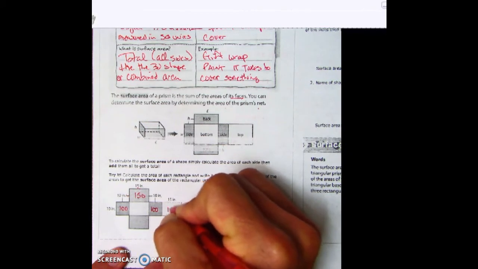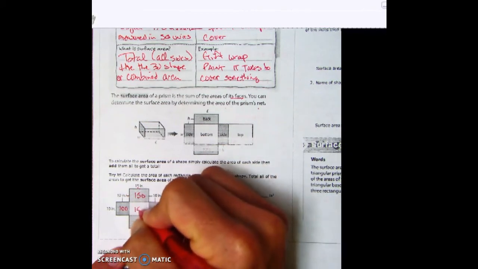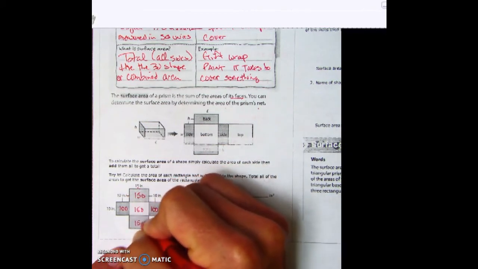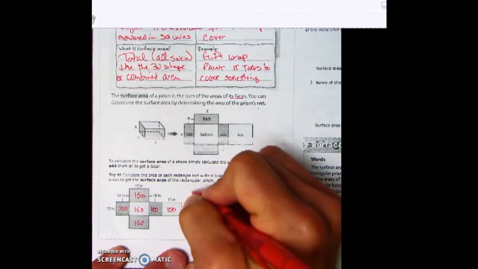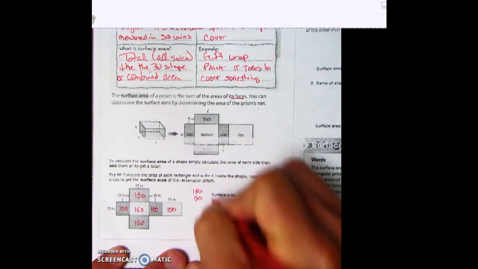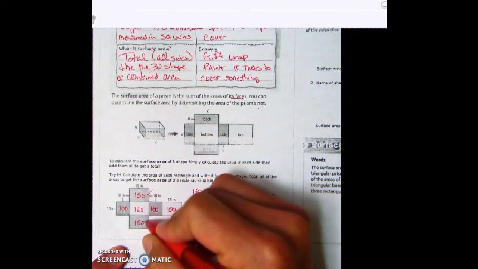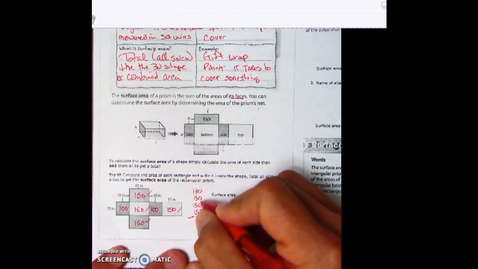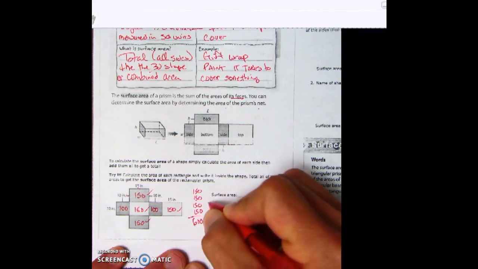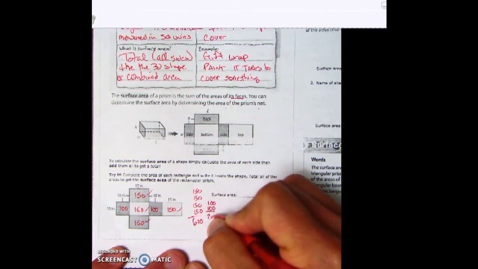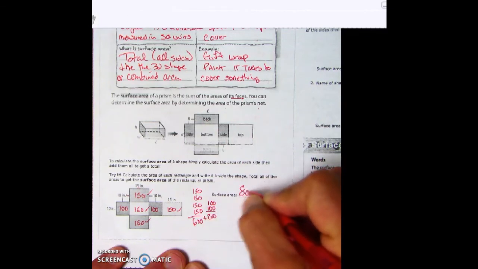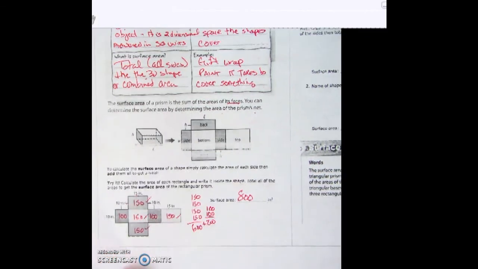This is 15 times 10, so there's another 150, and another 150, and another 150. So if we add all the 150s together, that's 4 of those, that's 600. And then we have the two bases, the two ends, 200. So the total surface area is 800.